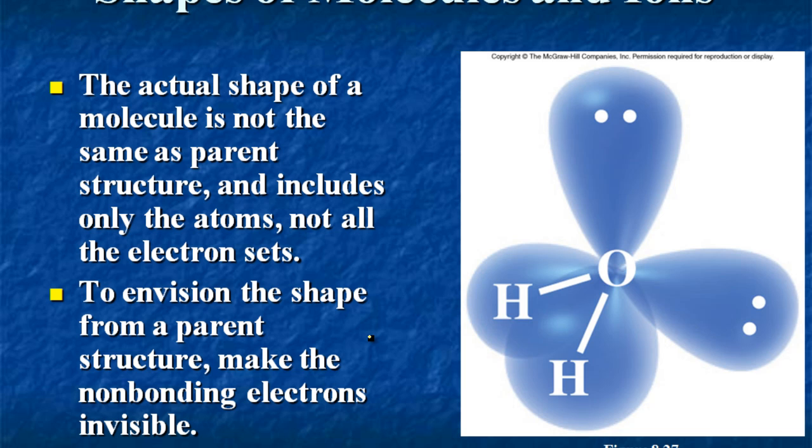For the water molecule, we already said in the previous slide that the parent structure is tetrahedral. But if you look at the actual shape of the water molecule, imagine those two lone pairs are not there. What will be the shape? It's kind of a V, a bent shape. We are going to see how we get that.